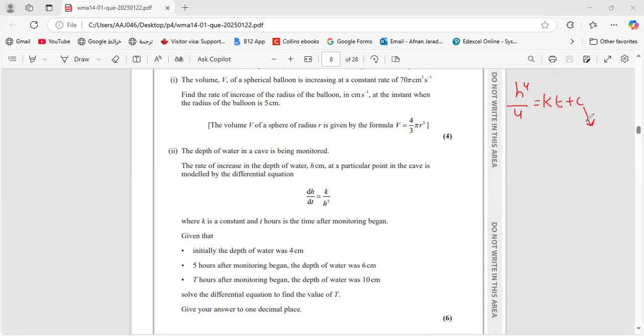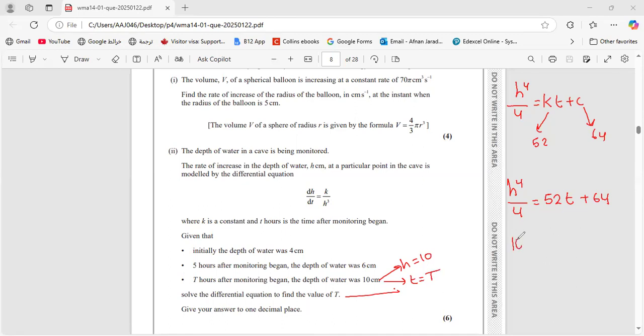Now c equals 64 and k equals 52, so it will be h to the power of 4 over 4 equals 52t plus 64. To find capital T, you will substitute h equals 10.